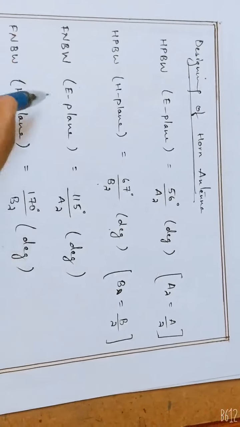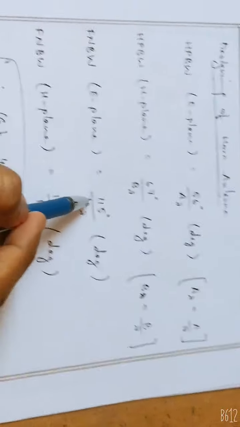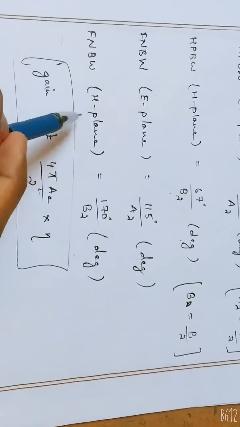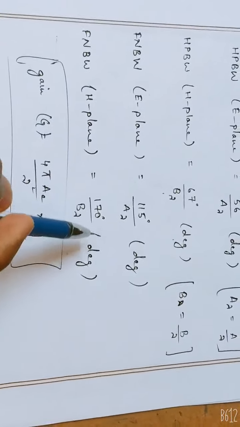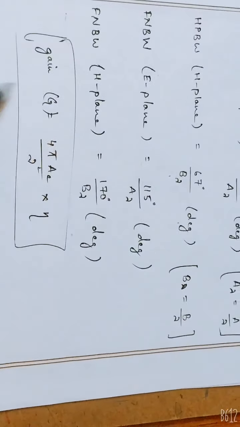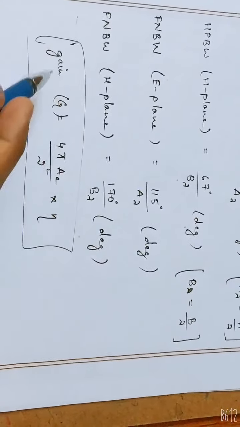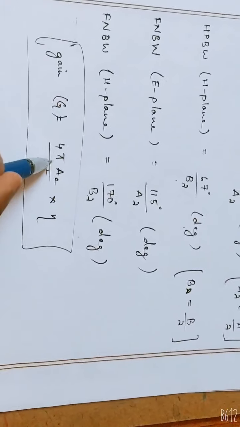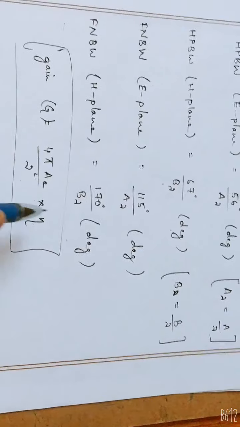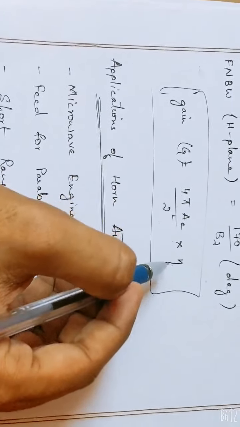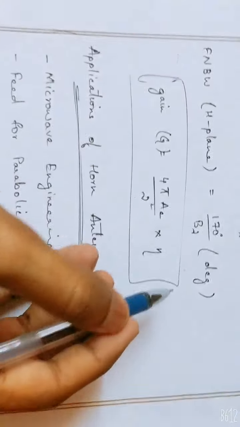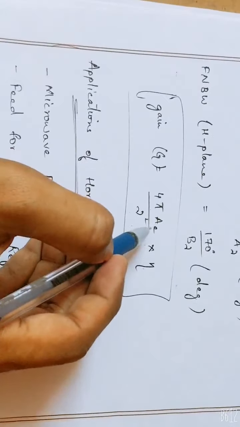The fractional beamwidth for the E plane is given as 115 degrees by A lambda, and for the H plane it is 170 degrees by B lambda. To calculate the total overall gain of this horn antenna, it is given as 4 pi A E by lambda square into eta. Here eta represents the efficiency of the horn antenna, lambda is the wavelength, and A is the effective area of the aperture.